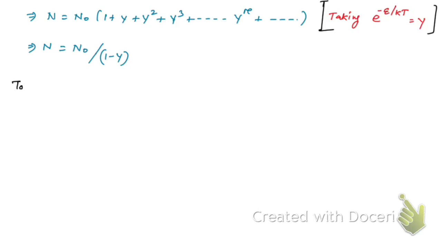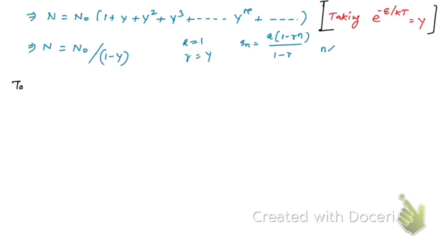If we apply GP here, the first term is a and the common ratio is definitely y, and the sum of the first n terms of a GP is given by a into 1 minus r to the power n by 1 minus r, right?